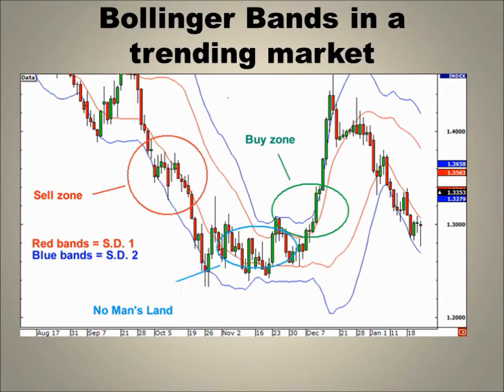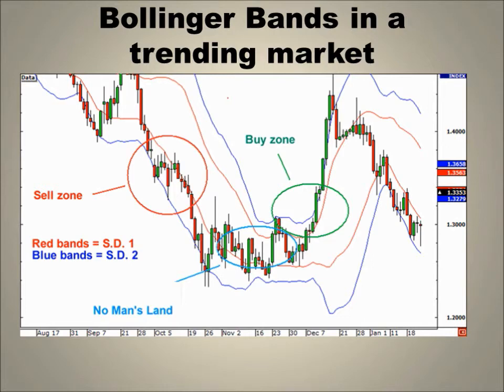So many investors will use Bollinger Bands in a trending market to determine which are good areas to go long and which are good areas to go short. So here we have 2 bands, red and blue.